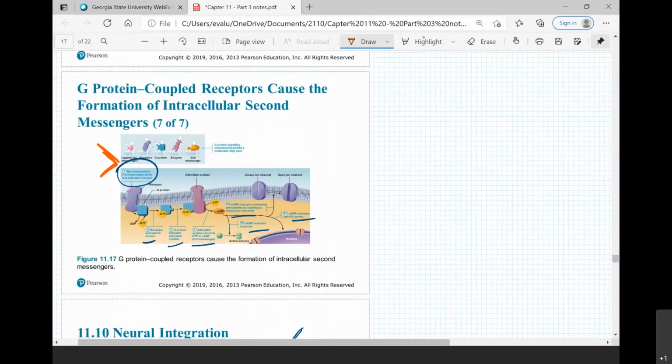Rather than causing the graded potential right here, it causes a step here, a step here, a step here, another step here, a step here. This guy has to do something, and then this. So an indirect action is basically triggering a cascade effect so that other things are occurring in order to eventually get to some sort of reaction of whatever it needs to be.